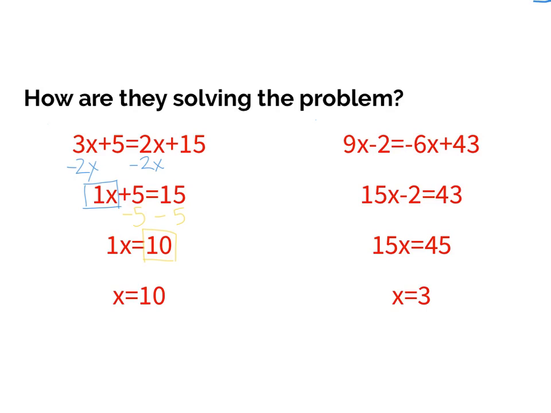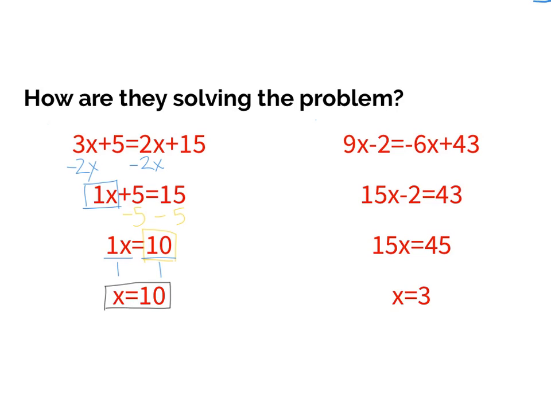And then we would need to divide by 1 simply because there is that 1 coefficient out in front, which would give us our final answer of x equals 10.